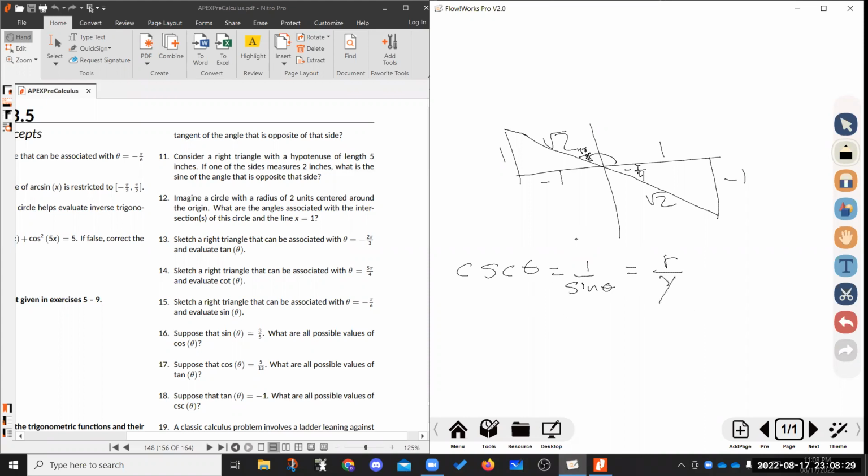It's r over y, so cosecant could be equal to √2/1, which is going to be √2, or cosecant theta is equal to √2/-1, which is -√2.